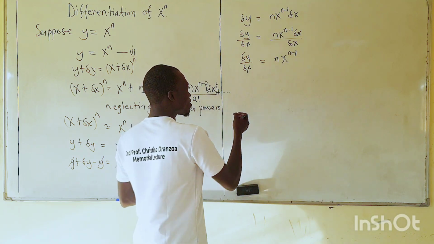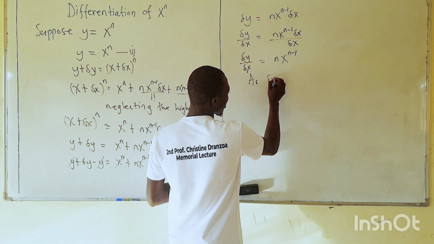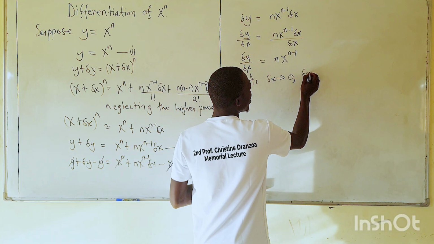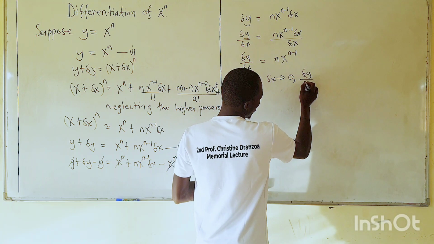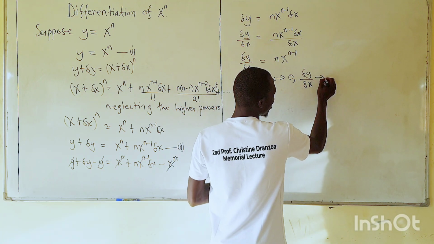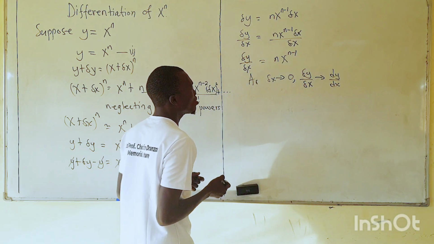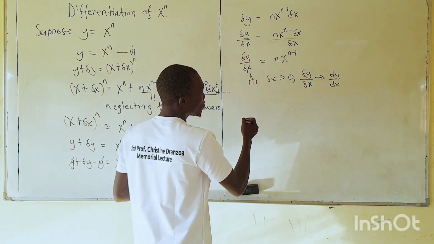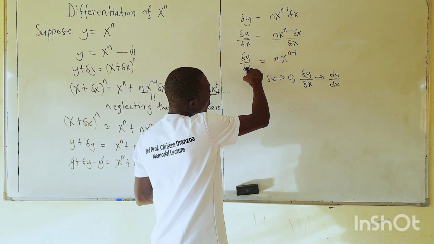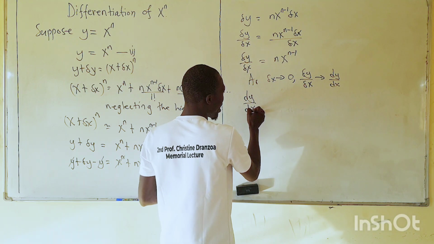What we know is that as delta x approaches or tends to 0, then delta y over delta x, the small increment in y over small increment in x, will tend to dy/dx from our previous video that we saw. So this delta y over delta x will become dy/dx.